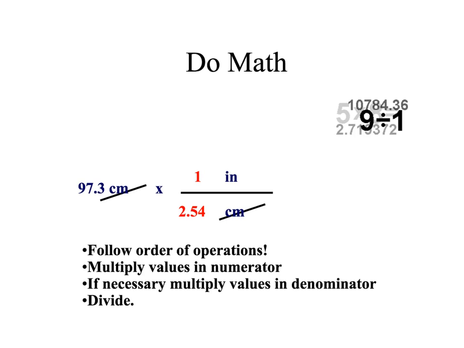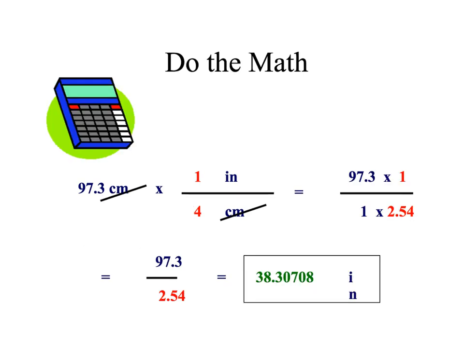When we do the math, any number that's in the numerator is going to get multiplied. 97.3 times 1. Numbers in the denominator also get multiplied together. So what we have is 97.3 divided by 2.54.